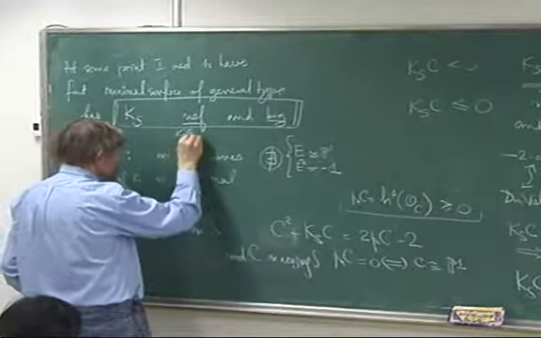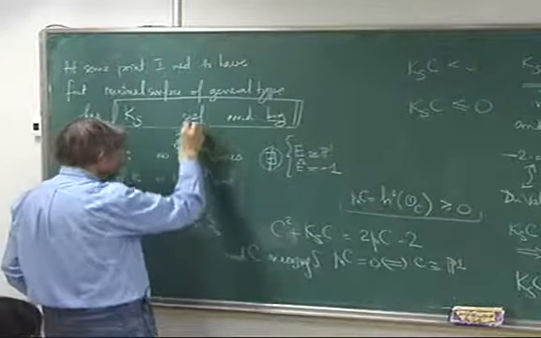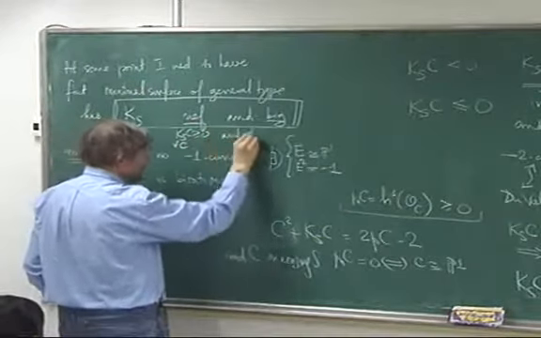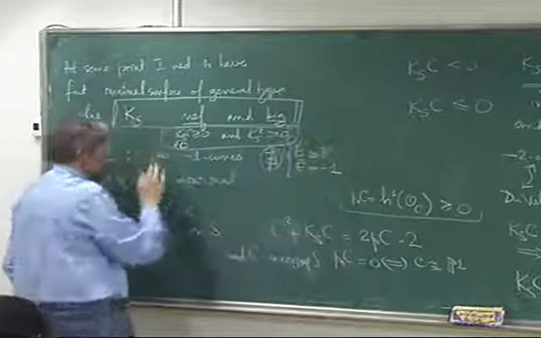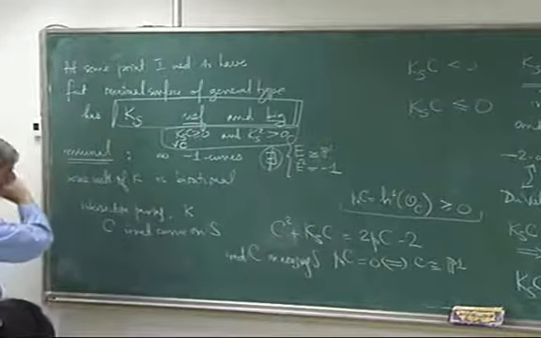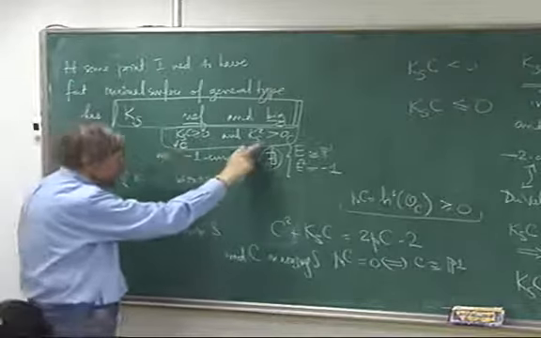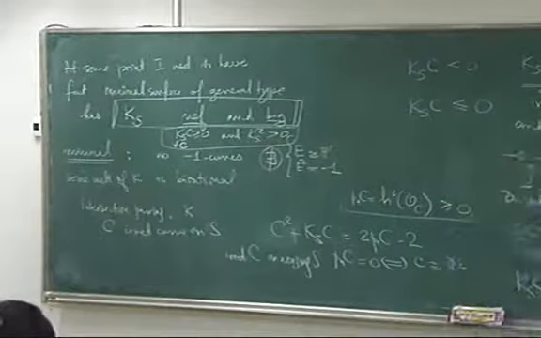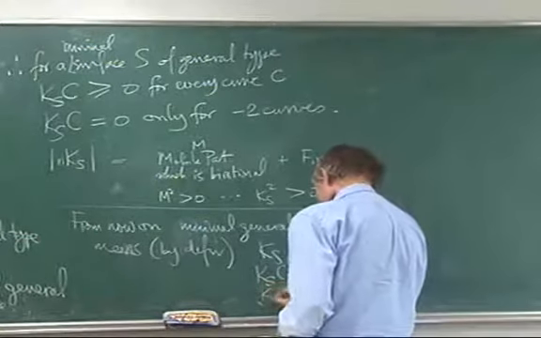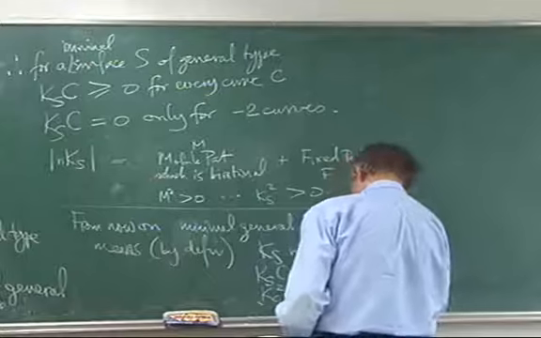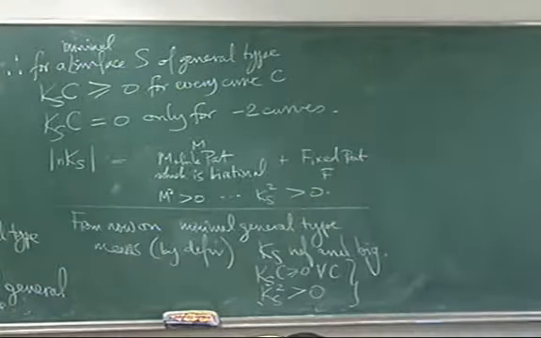Nef means Ks times C is greater than or equal to 0 for all C. And nef and big means also Ks squared is positive. Other people can use big only in the birational sense, but I use it in this sense. So Ks times C is greater than or equal to 0 for all C, and Ks squared is greater than 0. I'm sorry, this is not completely tidy, and of course I could do it better if I'd prepared it better.